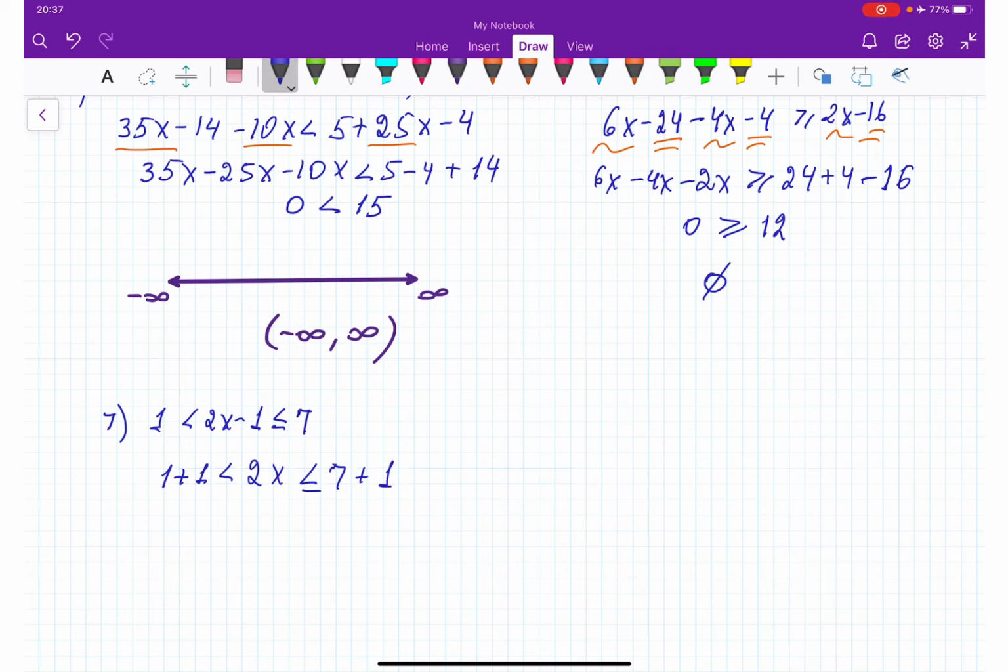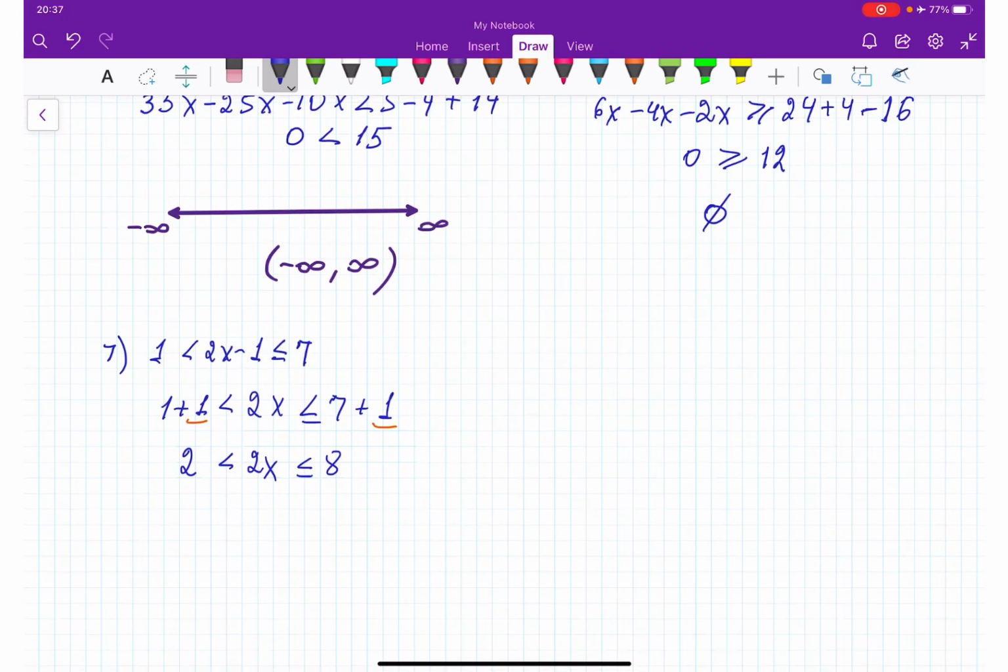So you can see I moved 1 and got plus 1 here, plus 1 here. This is this negative 1. Okay, so what do we get? 2x is greater than 2, less than or equal to 8, right?